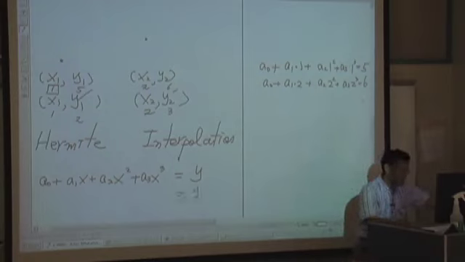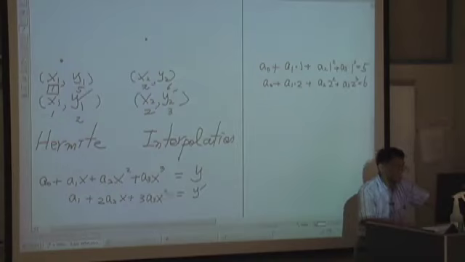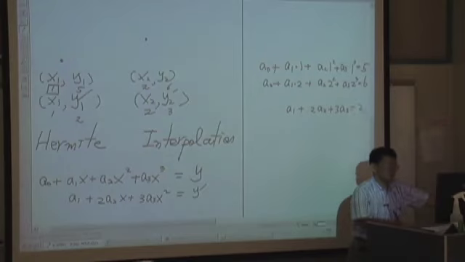The derivative is 0 plus A1 plus 2A2x plus 3A3x squared. Then let's plug in 1. Then A1 plus 2A2 plus 3A3 equals 2. And A1 plus 2A2 times 2 plus 3A3 times 2 squared equals 3.